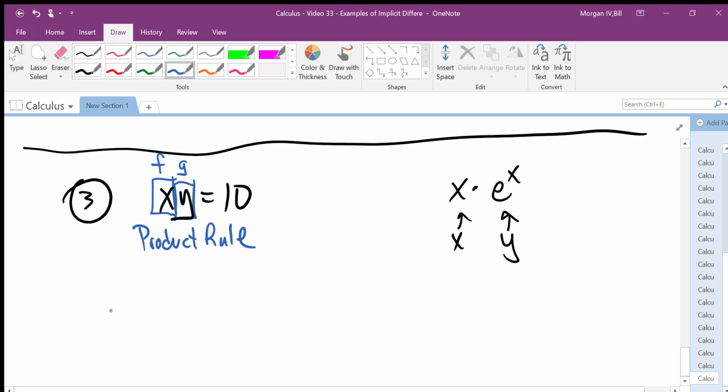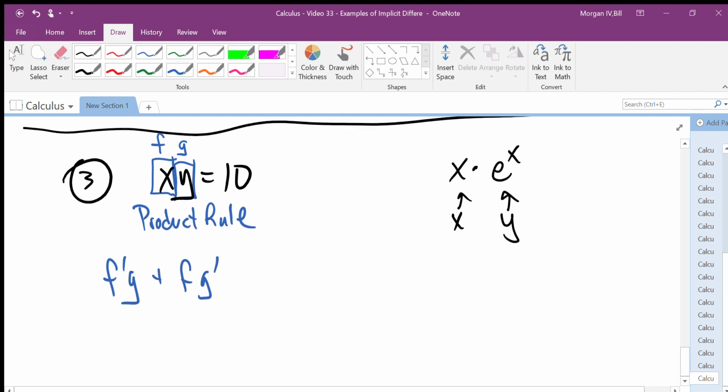So when I do f prime g plus f g prime for the product rule, in the first part I'm taking the derivative of f. The derivative of x is 1. Now g, that's not the derivative of g, that is just g itself. g is y, so it's going to be y. I don't need a dy/dx, since I didn't actually take the derivative of the y.